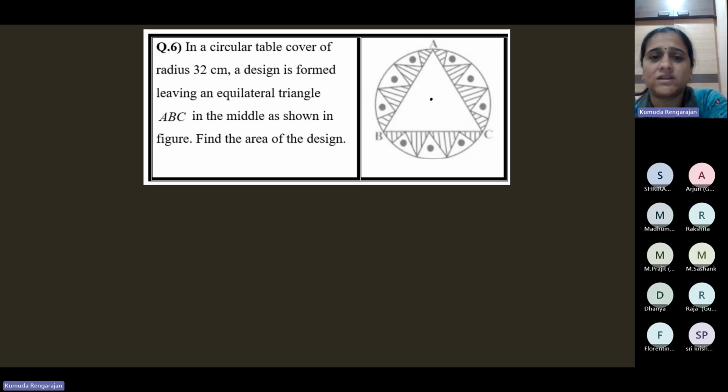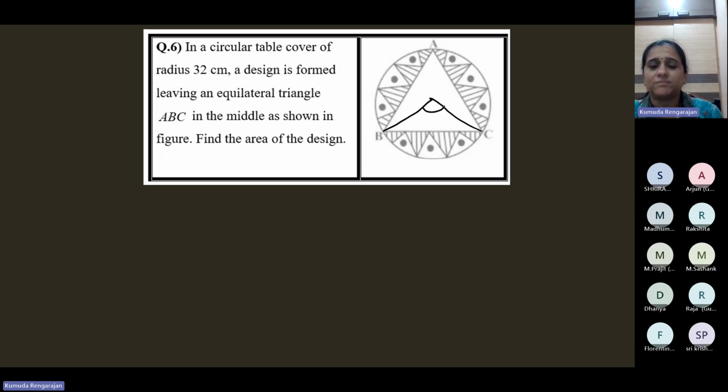Because it is an equilateral triangle, all the three sides are equal, and the three sides are also chords of the circle. So the equal chords will subtend equal angles at the center.